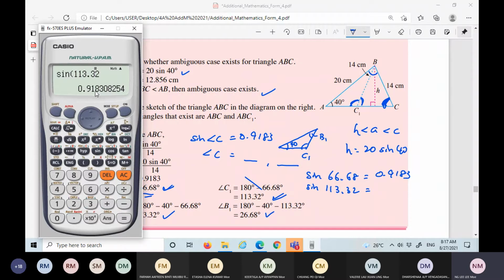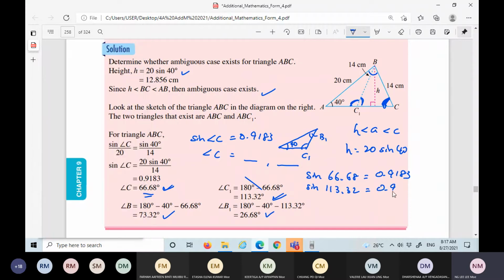You see, around 0.9183. So remember, when you use the sine rule, there is a possibility that you have two answers, and you need to choose which answer is the correct one, because the angle can be acute, or the angle can be obtuse.